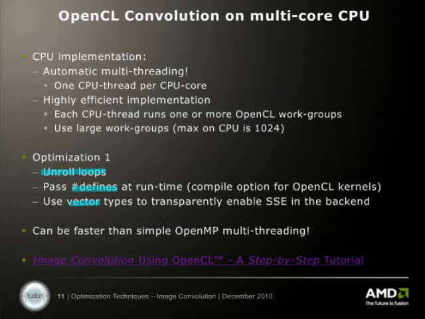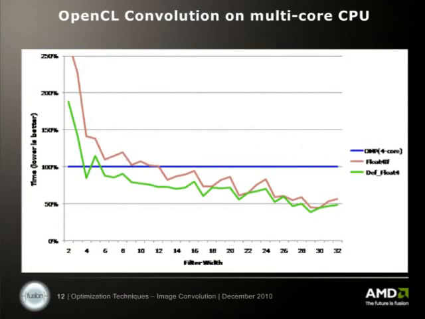I have a tutorial up on the web that you can look at for further details. The whole idea is that the same optimizations that we will end up doing for the GPU will also help on the CPU, and can make your CPU implementation faster than doing multi-threading using OpenMP, for instance.